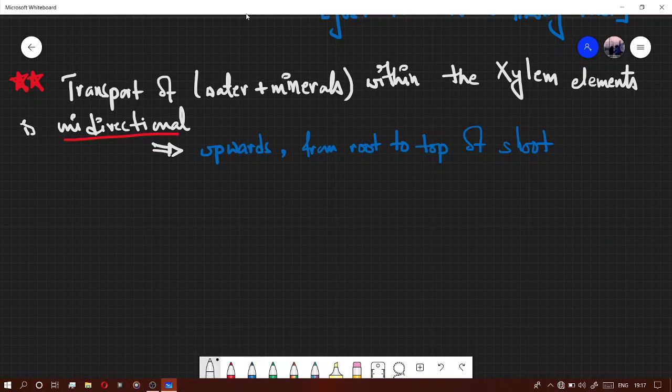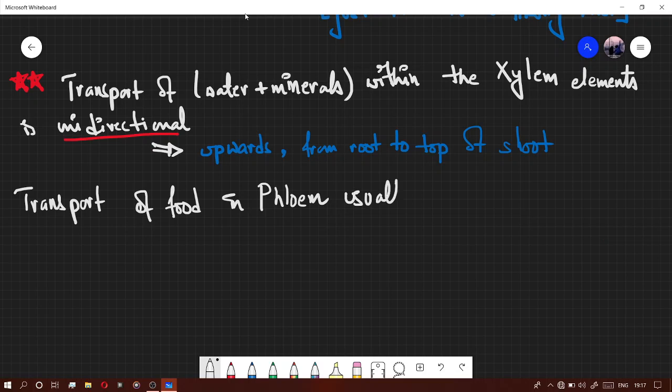And transport of food in the phloem is usually downward, but may be upward.